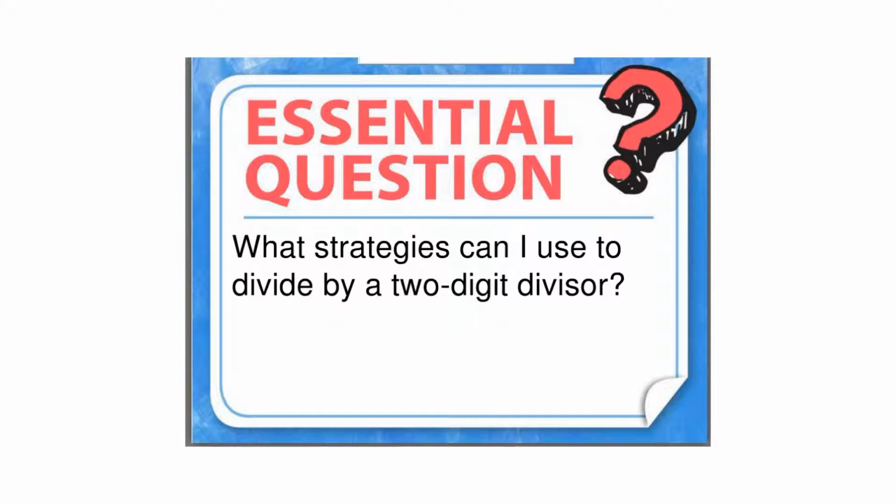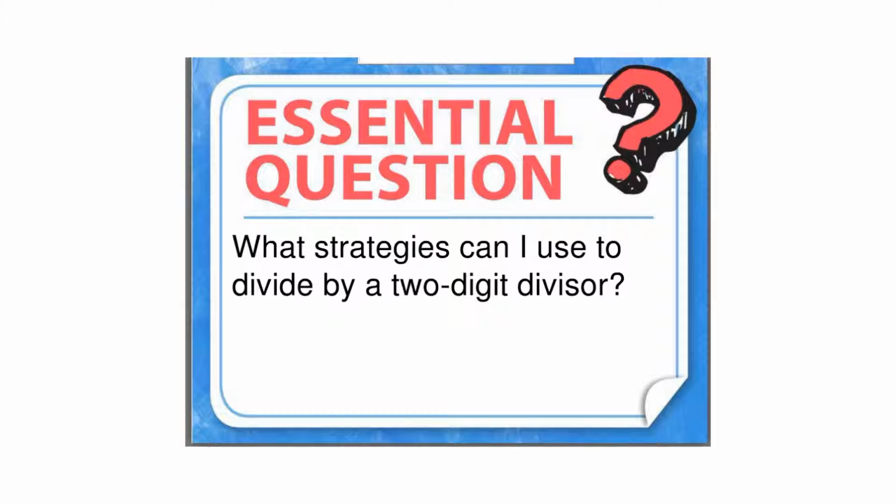There usually is. Okay, so the essential question for this chapter is, what strategies can I use to divide by a 2-digit divisor? As I told you before we got started, the difference between this chapter and the one before was that we have a 2-digit divisor. So that just means that the numbers we're dealing with are going to be a little bit bigger.